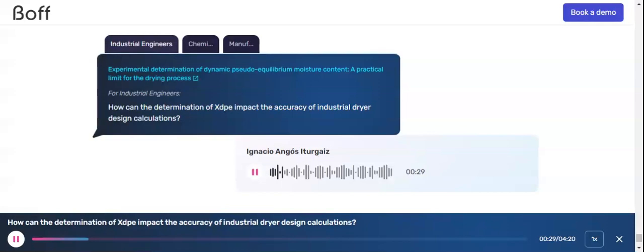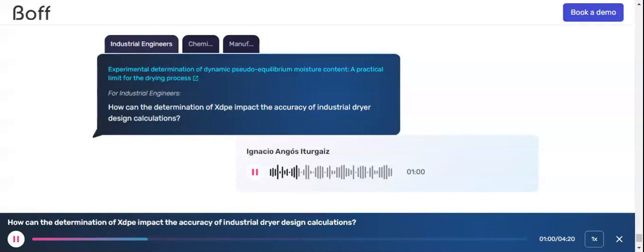Since the dynamic pseudo-equilibrium moisture content increases with decreasing drying gas temperature, failure to consider it will result in unavoidable design errors. This is especially critical for concurrent dryers with high residence times, which typically have low outlet drying gas temperatures. I will explain this answer in detail below.